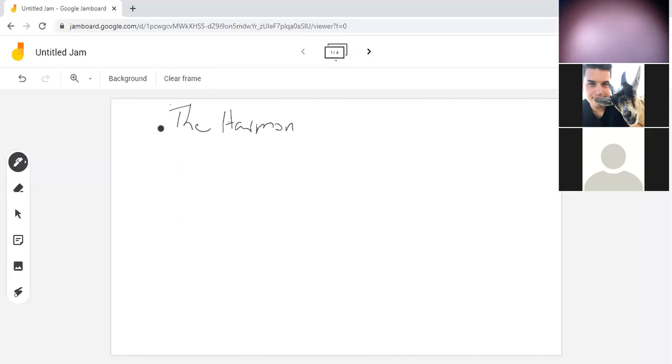So it's Harman Corporation, and that's question 2. So we follow the simple formula of finding break even, which is fixed cost over contribution margin.